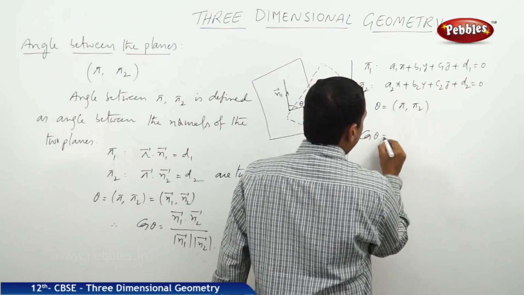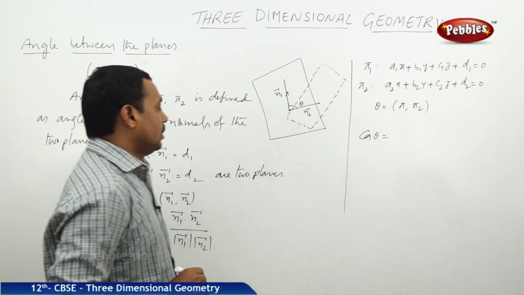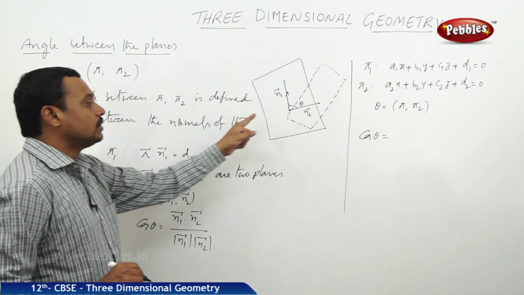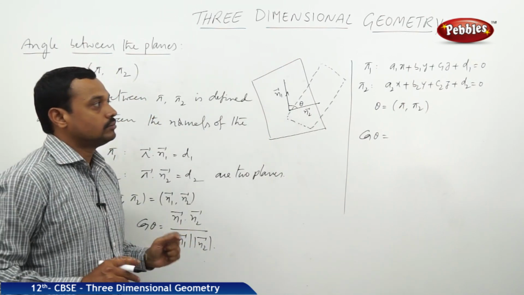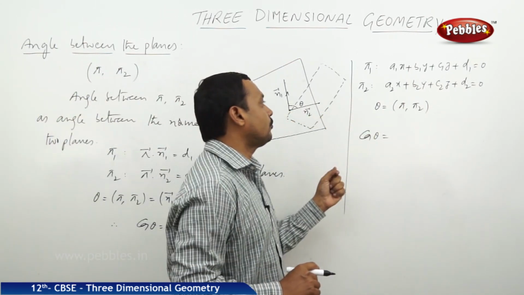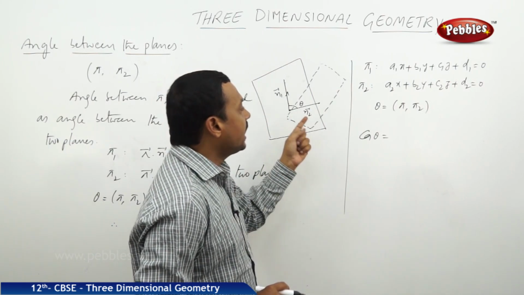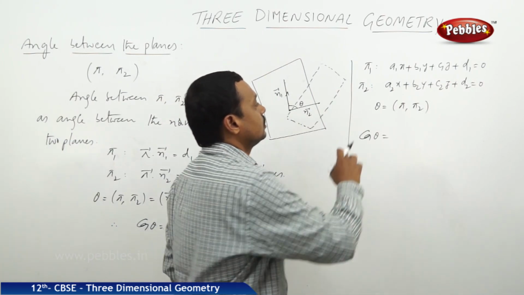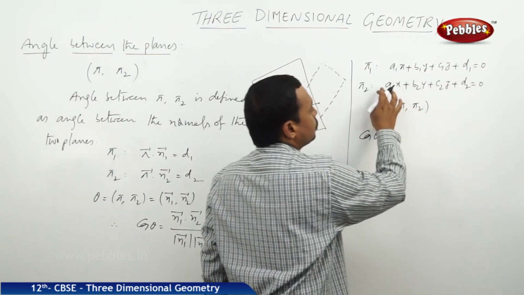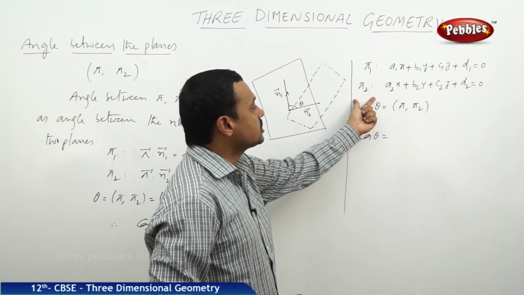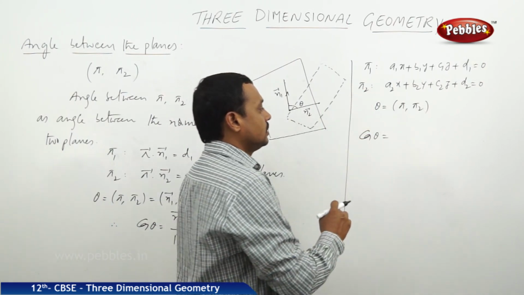Now cos theta is: n1 n2 are the normals of the planes in vector form, but in Cartesian form n1 n2 are the direction ratios of the vectors perpendicular to the planes.